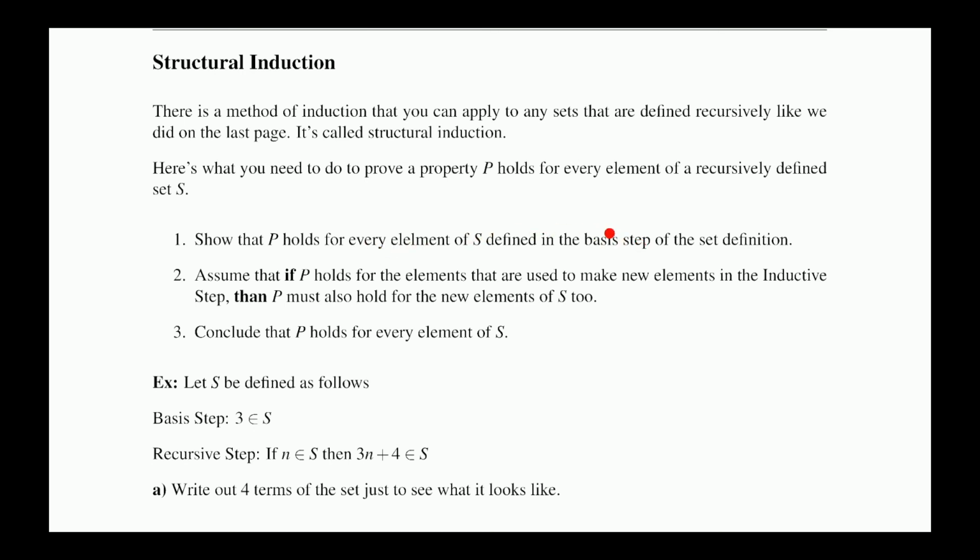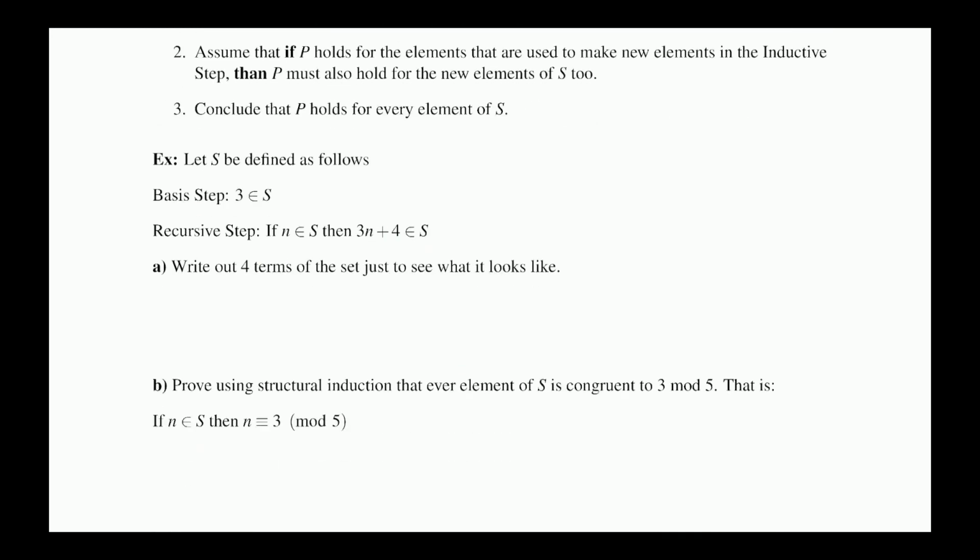That's the equivalent of your basis step of a normal induction proof. Then you assume if P holds for the elements that are used to make new elements, then P must also hold for the new element. Okay. So that is complicated sounding. It is not complicated to do. It's complicated sounding.